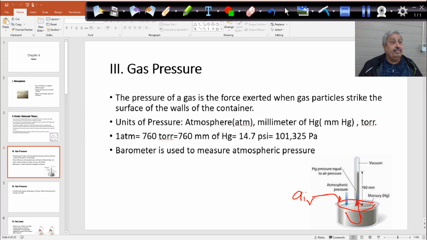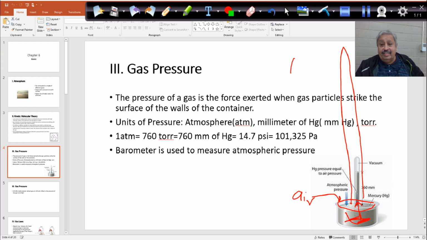Somebody tell me why. Why is mercury good for measuring air pressure? Well, it turns out mercury is heavy in density. So if we had H2O instead, the column here would have to be about 13.5 times taller.